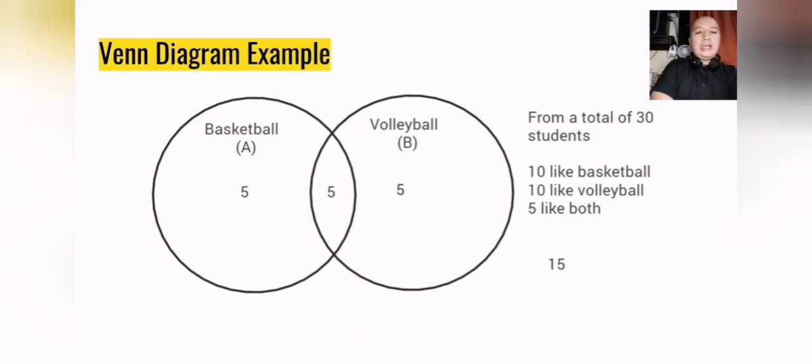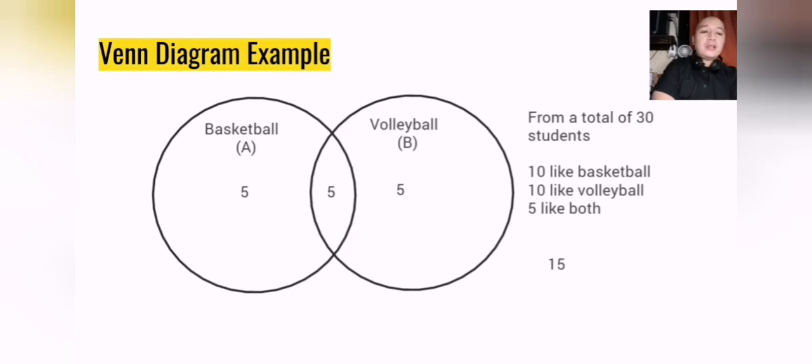Okay, so using that example, we have already placed numbers. So here we can see 5 likes basketball, and then there's a 5 in the middle, and then there's a 5 in the volleyball. How did that happen? First, we said that 10 students like basketball. So if you add the 5 on your left circle as well as the 5 in the middle, you will get 10 students.